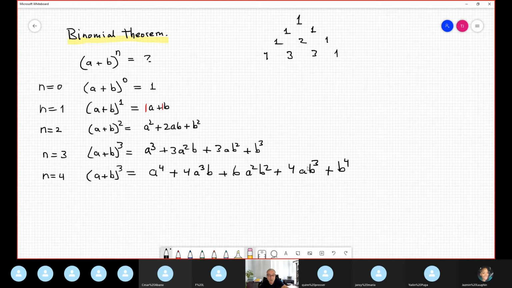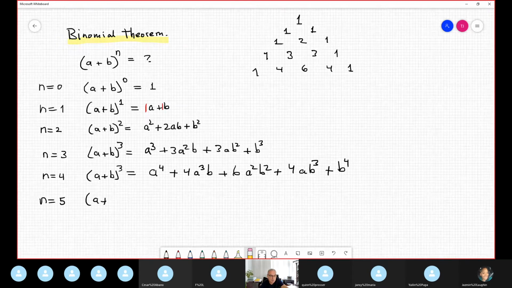Yeah, I copy the coefficients. Look at that. 1, 4, 6, 4, and 1. Sorry, I made a mistake here. This is the 4 power. It's n equal 4.